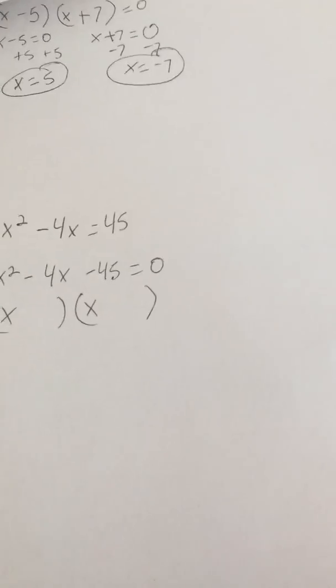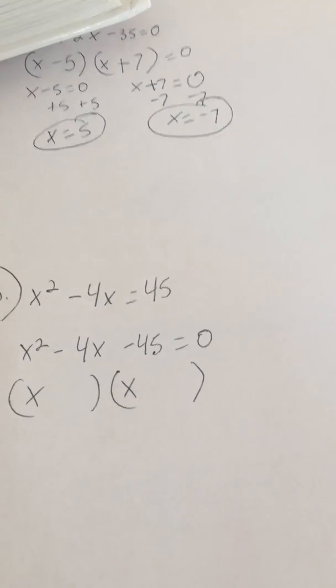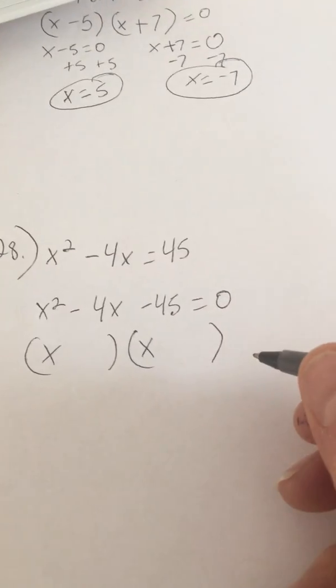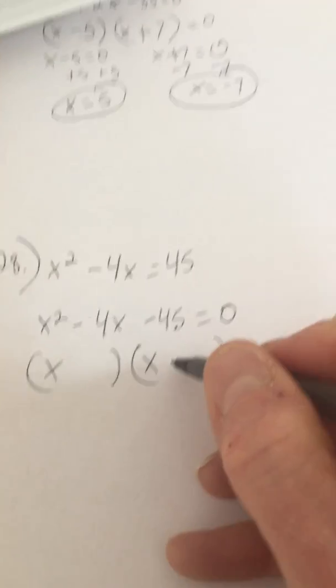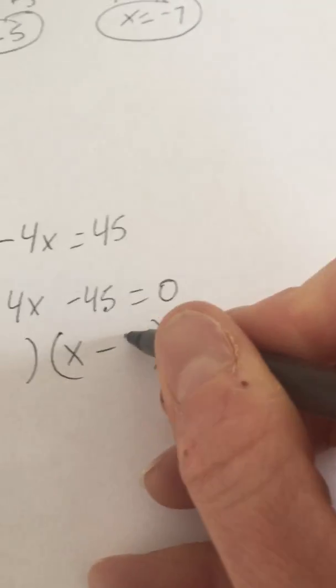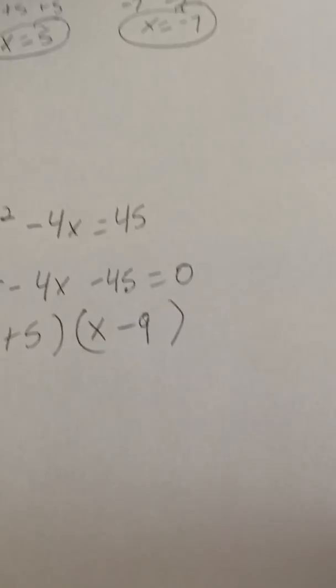What I realized was 9 times 5 was 45, and they have a difference of 4. I'm going to make the 9 negative, is that right? Yeah, so negative 9, so that I end up with the negative 4 and a positive 5.